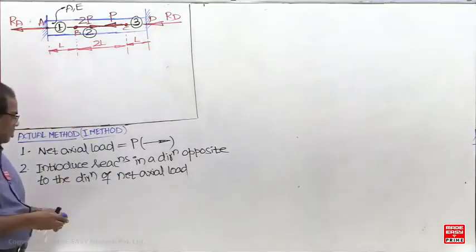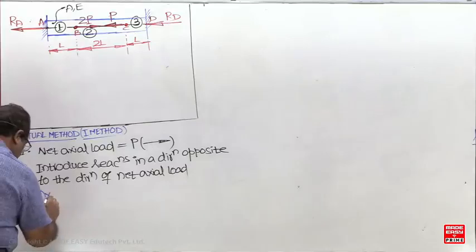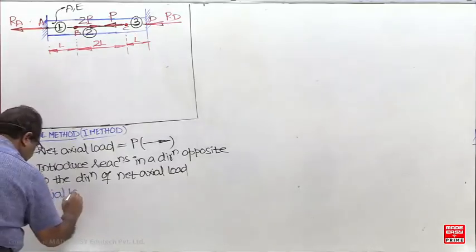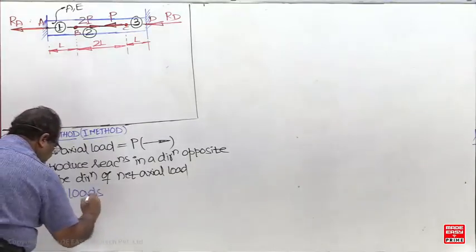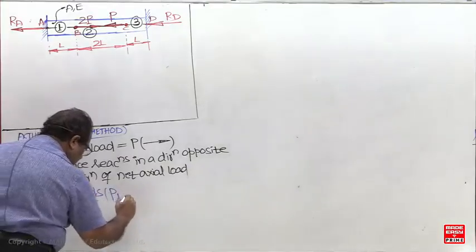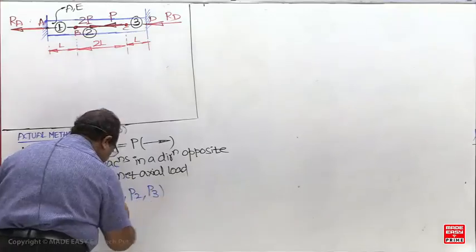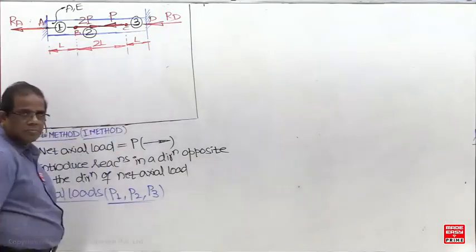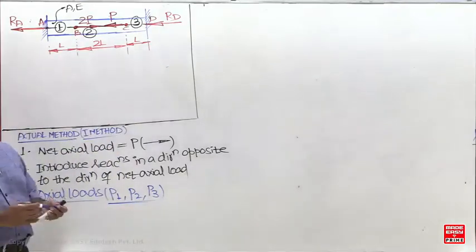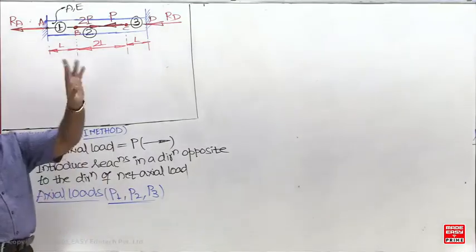What is the next step now? To determine P1, P2, P3, it is better to use the shortcut method. Your load can be determined in 4 ways.